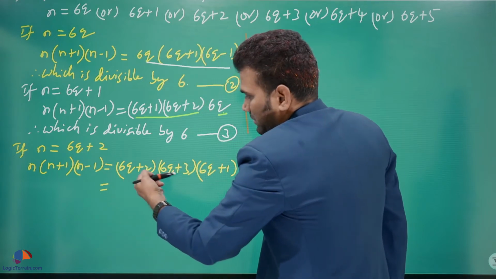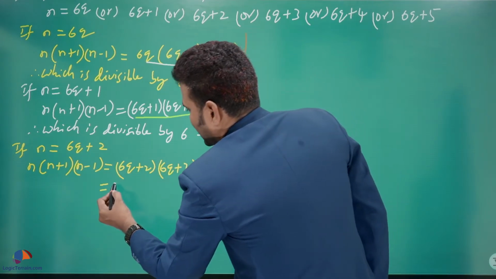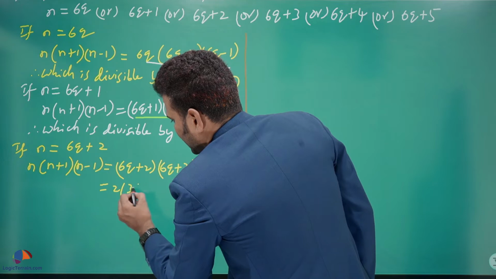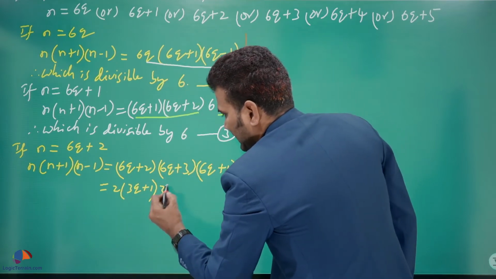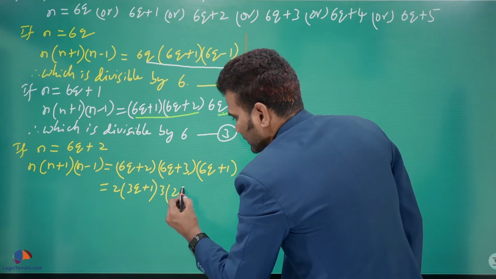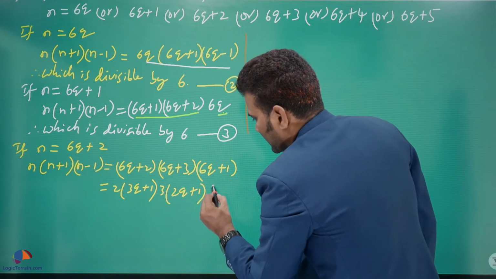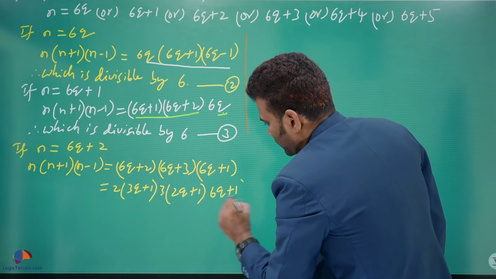Here from these two terms we can take 2 common, we are left with 3q plus 1. From these two terms we can take 3 common, we are left with 2q plus 1 into 6q plus 1.